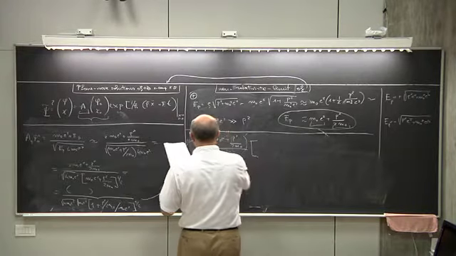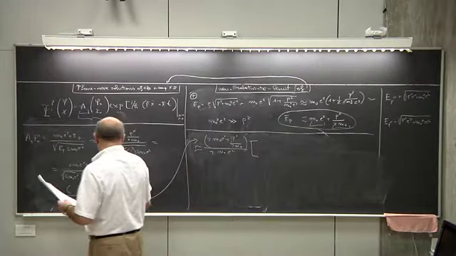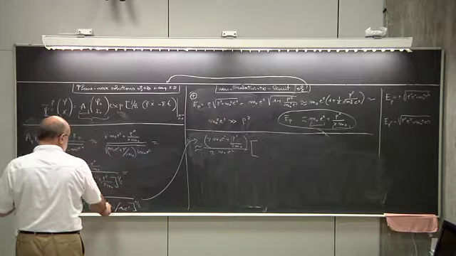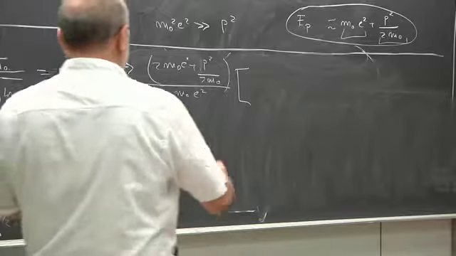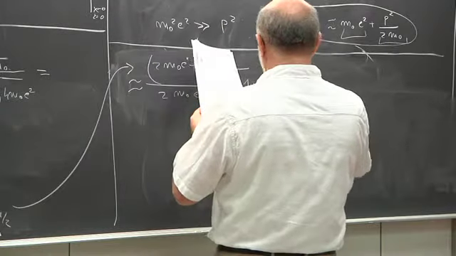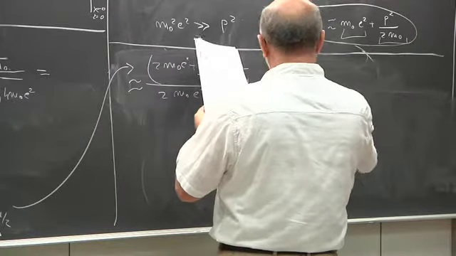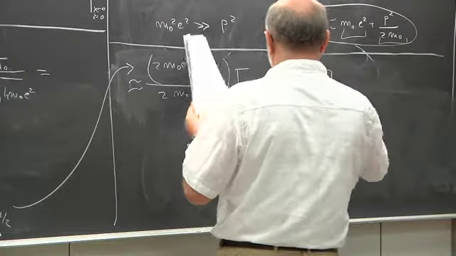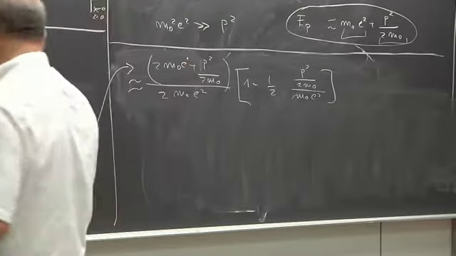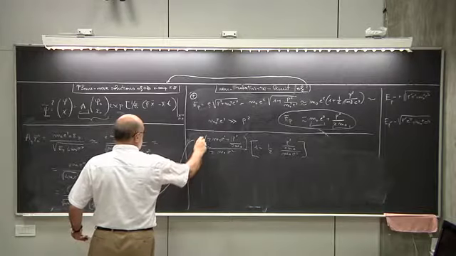And then I do the expansion of this in the numerator. This is a small quantity, so I get in the numerator 1 minus 1/2 p square over 2m0 c square. Okay, so this is the numerator.